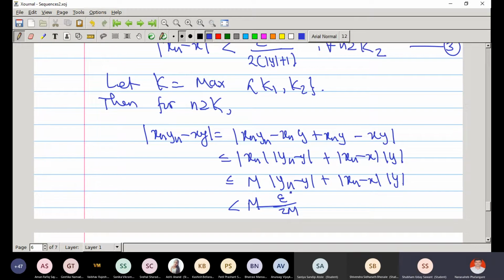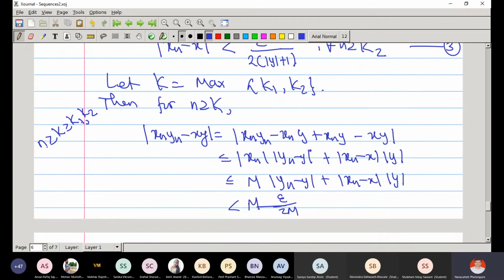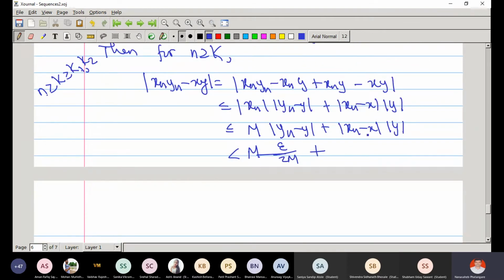Because we have selected k such that we are selecting n greater equal k, and ultimately k is greater equal k1 as well as k2. And if n is greater equal k1, yn minus y is less than epsilon upon 2m. That is clear.